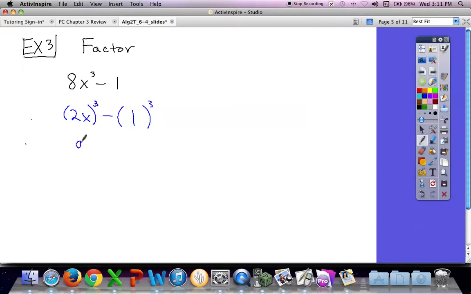Now the formula would tell us to do this: A minus B times A squared plus AB plus B squared.